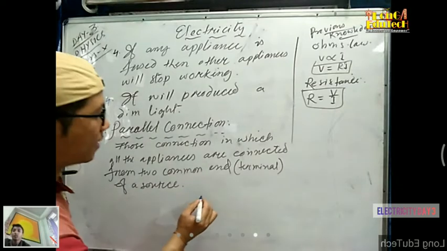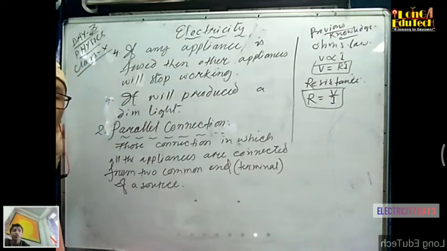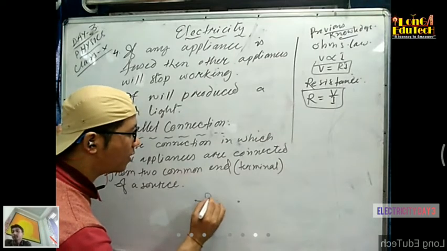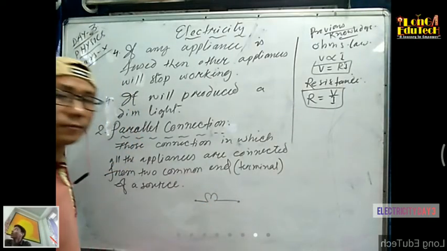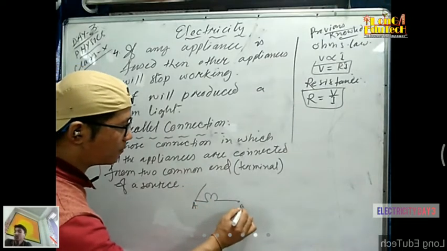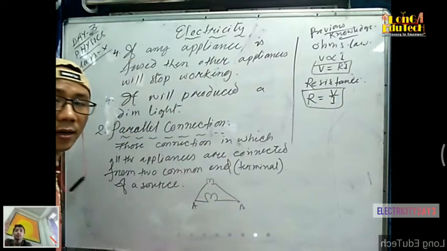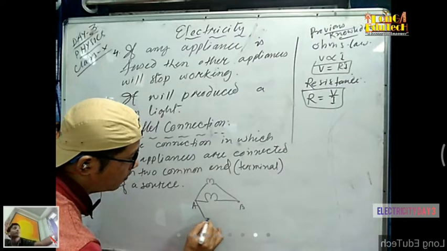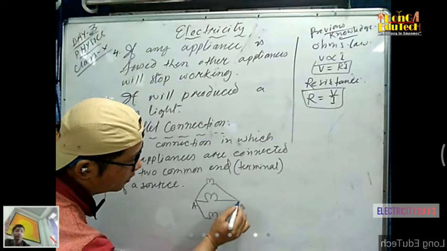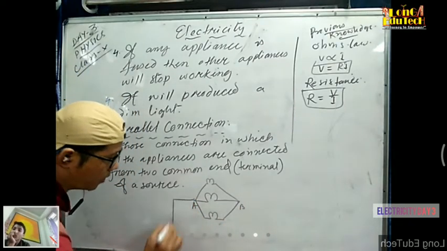For example, let us take these two as the two common endpoints, A and B. From here one bulb is connected, and from this same end A and B another bulb is also connected, and again from here another bulb, and then from here comes the switch.